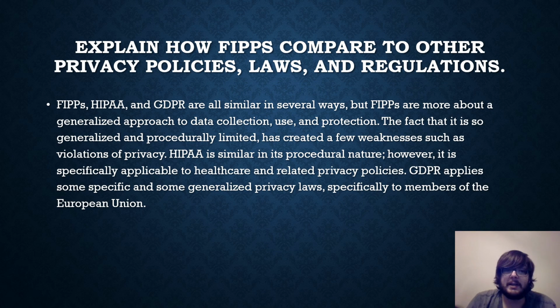HIPAA, on the other hand, is procedural in nature, but it only applies to healthcare and healthcare-related privacy policies and anything similar to that. The GDPR applies more specified but many generalized laws, but it is only for members of the European Union.